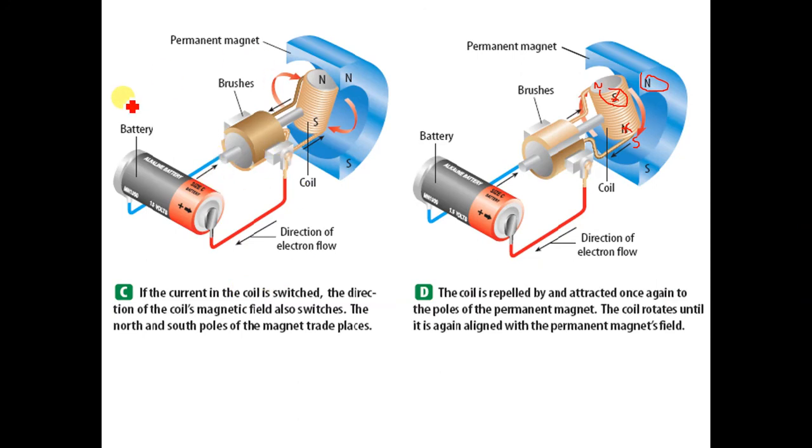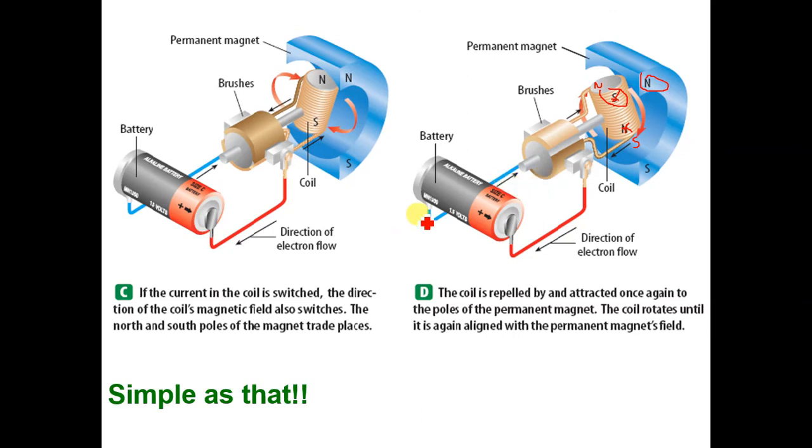The commutator is what makes the current reverse. So the direction of the coil's magnetic field also switches. The north and south poles trade places. The last step, the coil is repelled and attracted once again to the poles of the permanent magnet. The coil rotates until it's again aligned with the permanent magnet field.